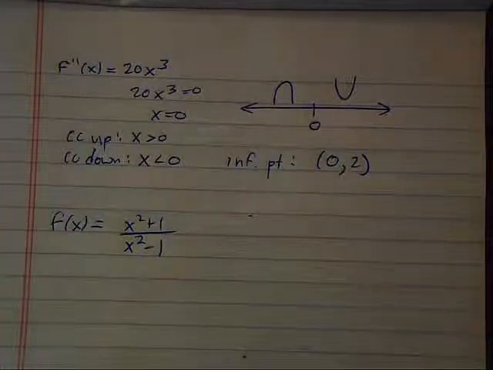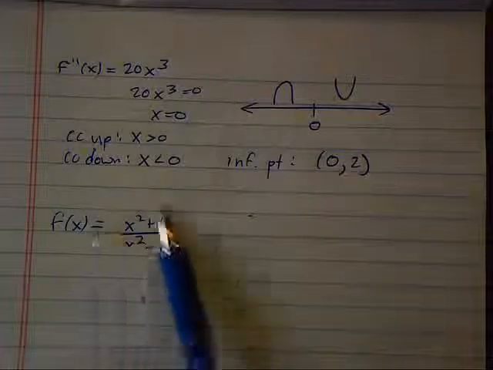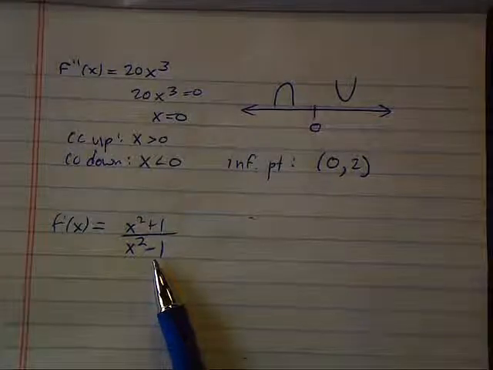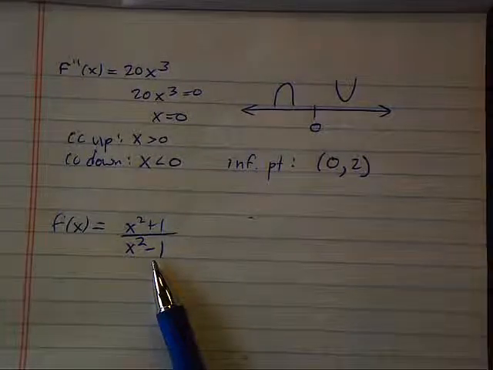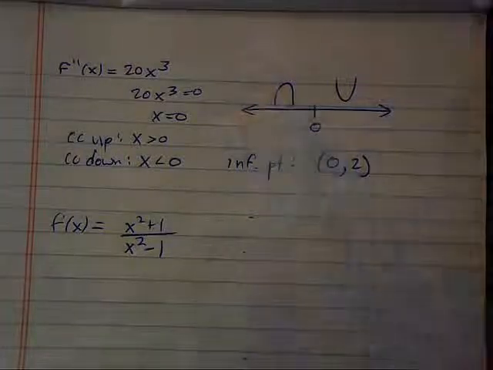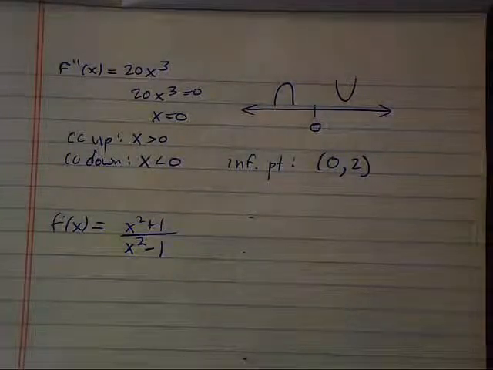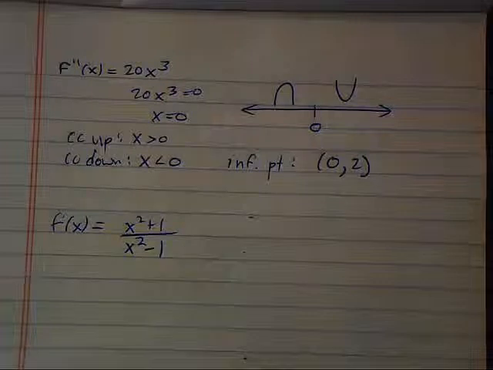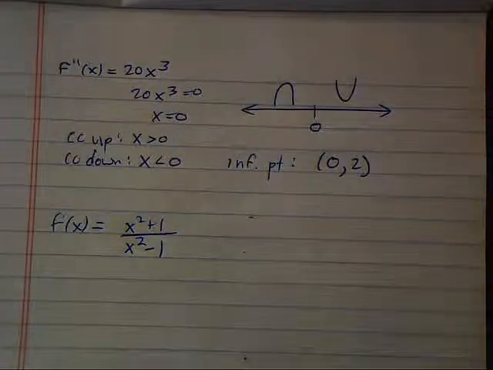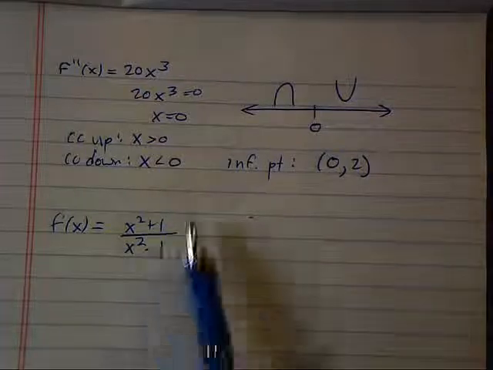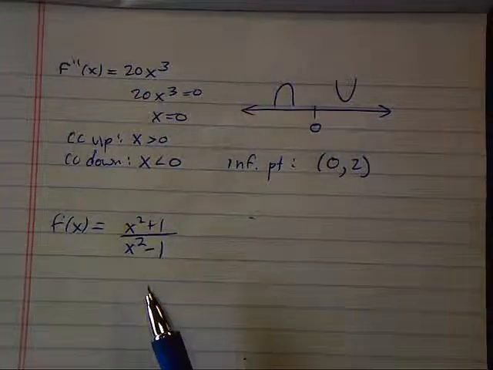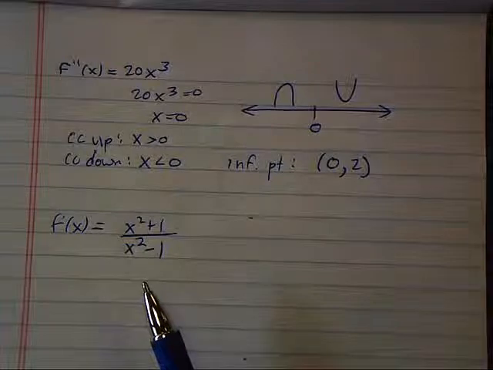And then from there I would say, now you tell me where it's increasing, decreasing, you classify all critical points. So if I'm going to give you a messy problem like this one, I'll probably give you the derivatives. If I'm going to give you an easy polynomial like I did in the last problem, then I'm going to assume you can find the derivative of that and do it correctly and not mess it up. Okay? So it's not as bad as you think. If it's a problem like this, I'm going to tell you, here's the first and second derivative. From there, you give me all the information.